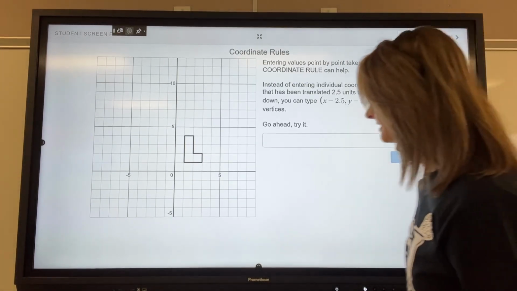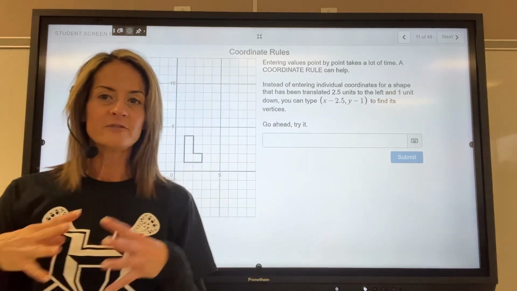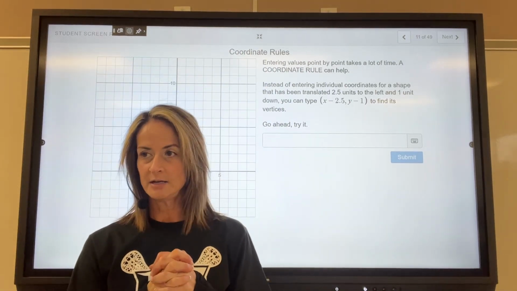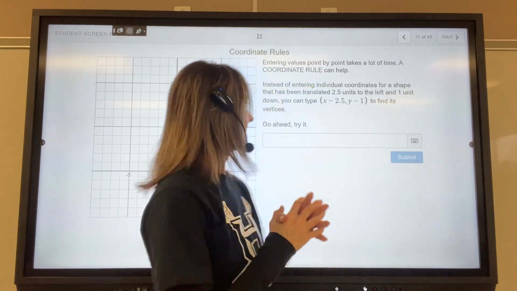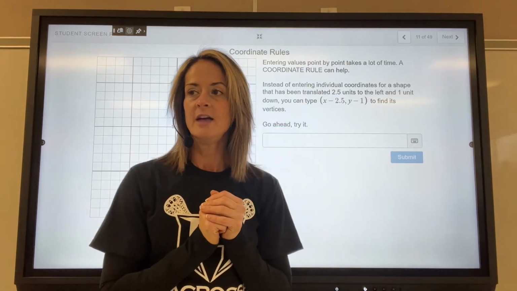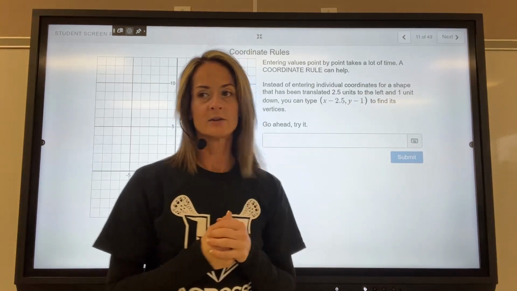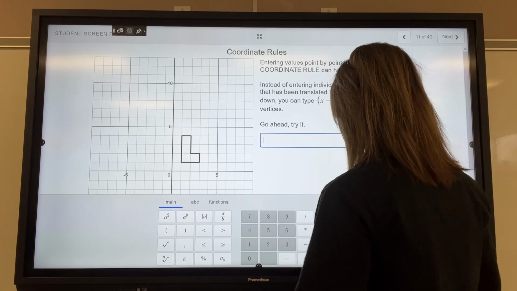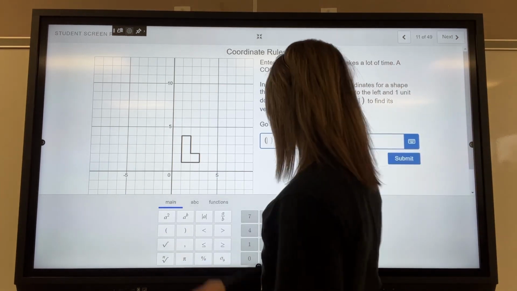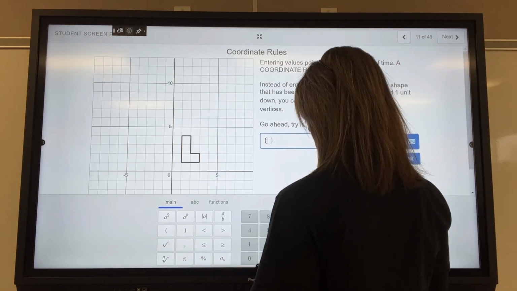This is what's important right here. So rather than moving every single point like we did in the last slide, you can just write a rule. You can tell the computer, take every x coordinate and subtract 2.5, and take every y coordinate and subtract 1. So go ahead and type this rule in here. So I've got parentheses. Where's my x?